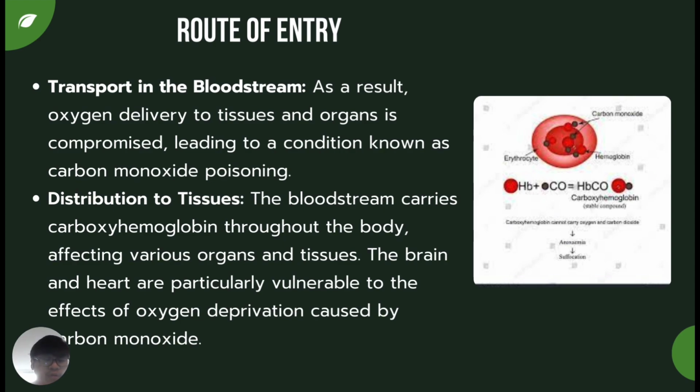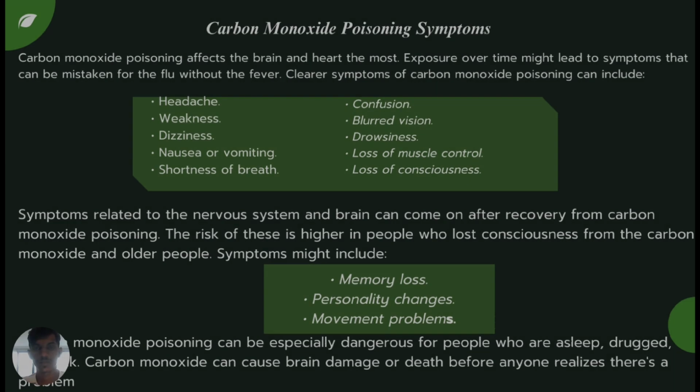It's important to note that carbon monoxide poisoning can occur in various settings, such as homes with faulty heating systems, garages with running vehicles, industrial facilities with combustion processes, and more. Next, I will give it to Dervin to talk about the symptoms of carbon monoxide.